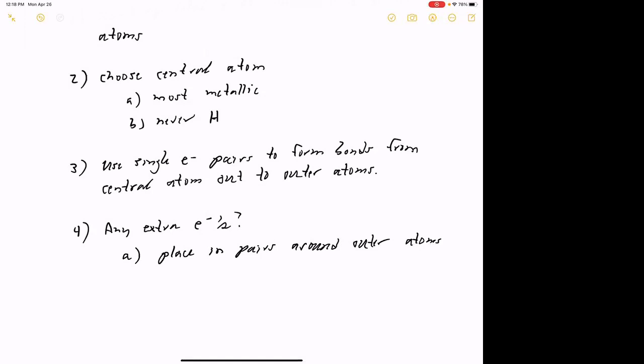And we do this to satisfy the so-called octet rule. We want to put them around the outer atoms until all the outer atoms have an octet. That's 8 electrons, right?